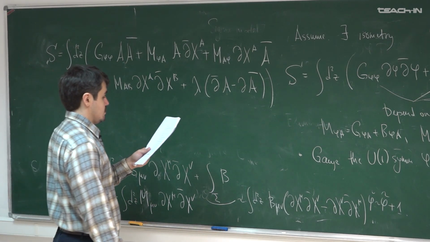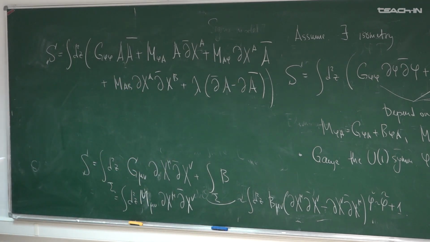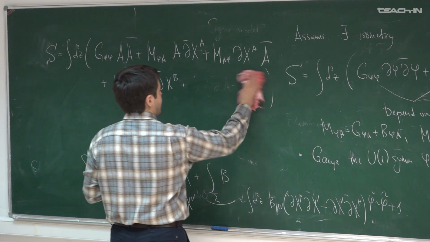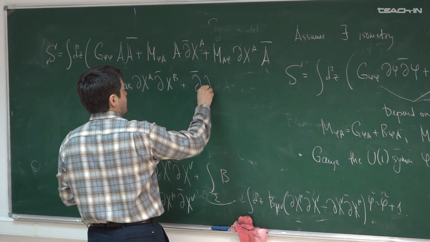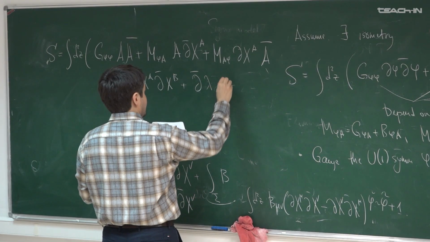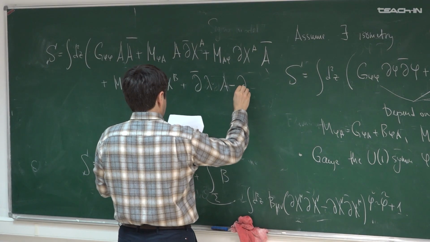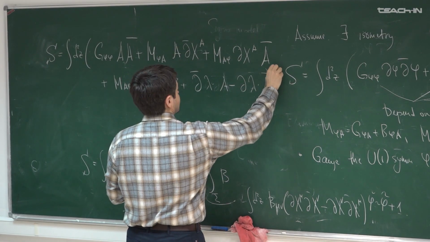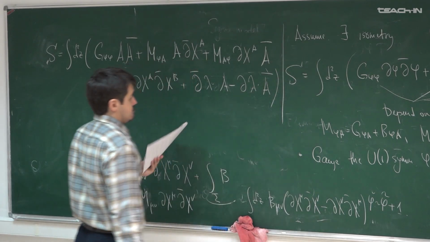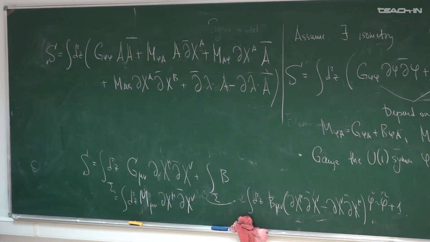Or maybe I should write this as d-bar lambda A minus d lambda A-bar. Yeah. So that's what you get once you set phi to 0 or gauge away phi.